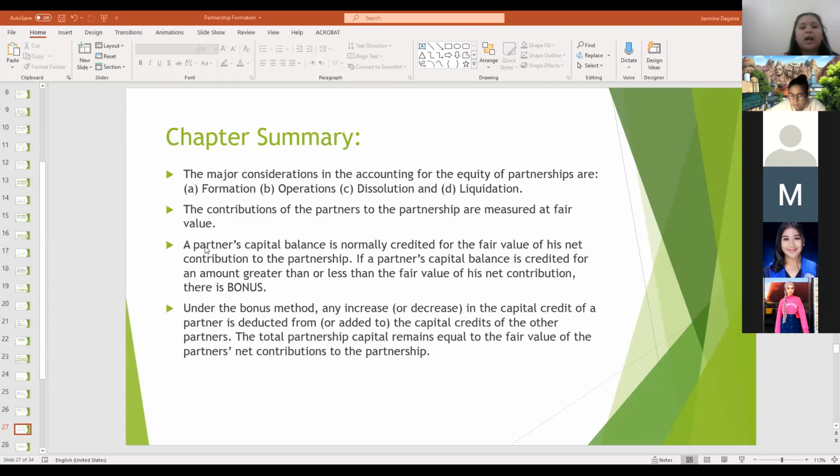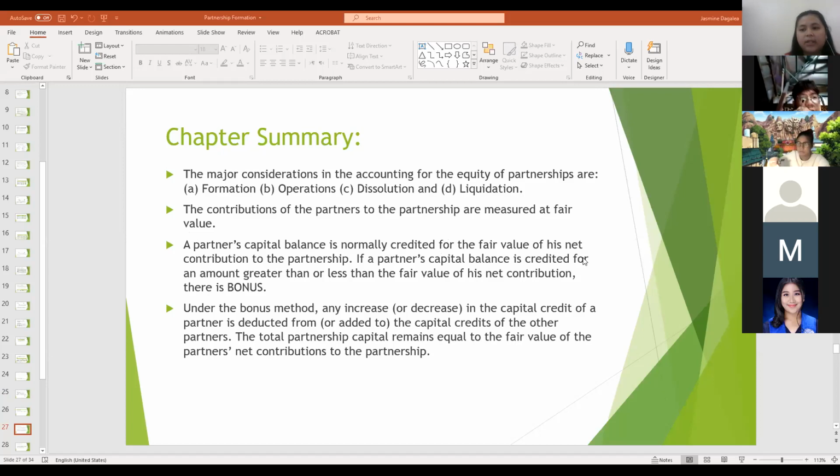Important yan. A partner's capital balance is normally credited for the fair value of his net contribution to the partnership. Ano nga ba yung net contribution? Paano kino-compute? Fair value minus liability po. Take note nyo yun.